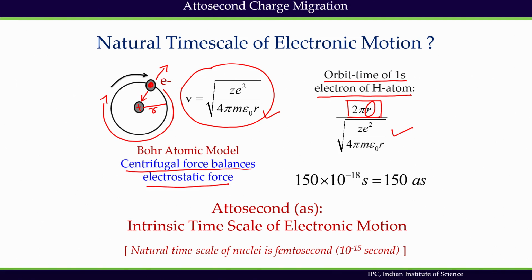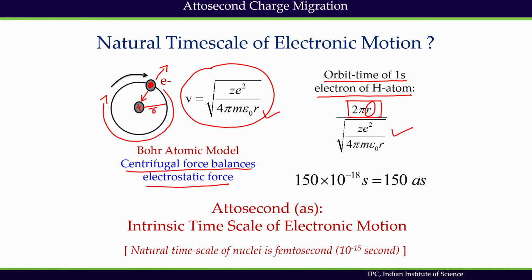And orbit time, what does it mean by orbit time? I have a positively charged nucleus here and the electron is orbiting. So what I want to know is the time it takes for the electron to make one complete rotation, and that's called the orbit time.